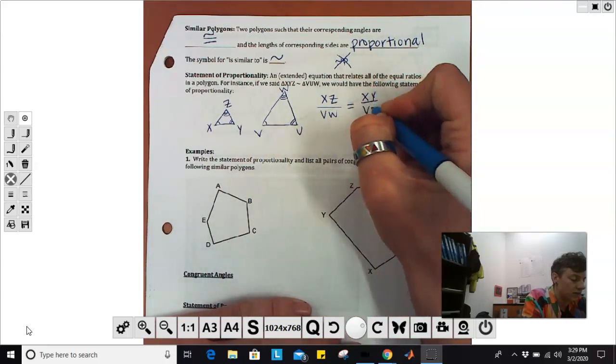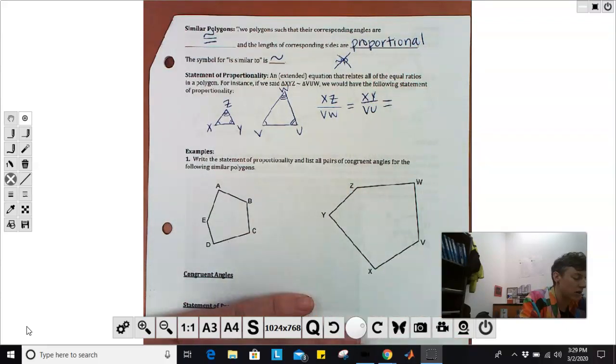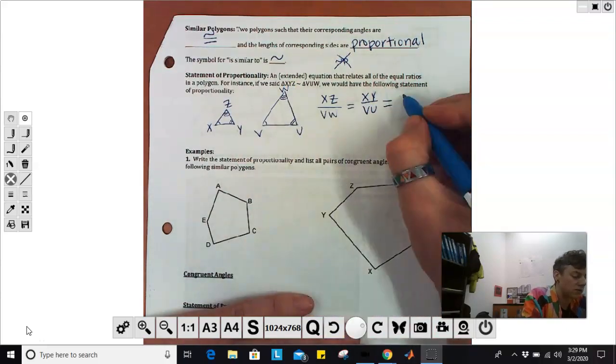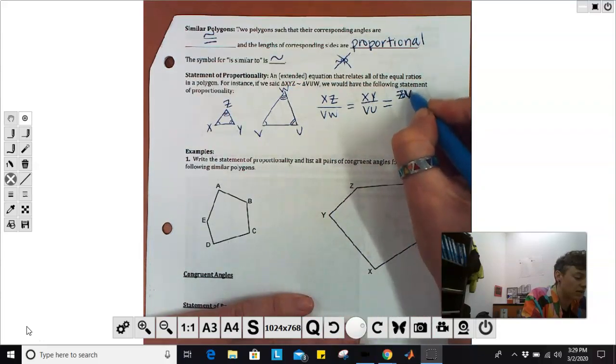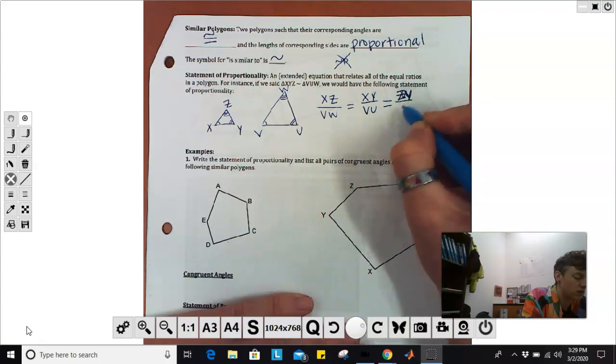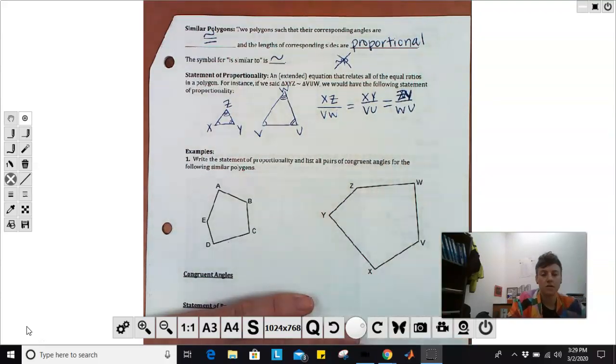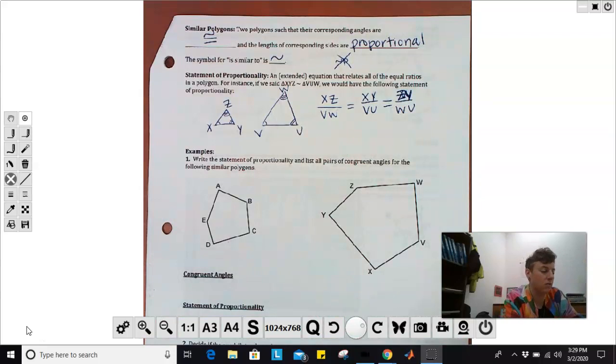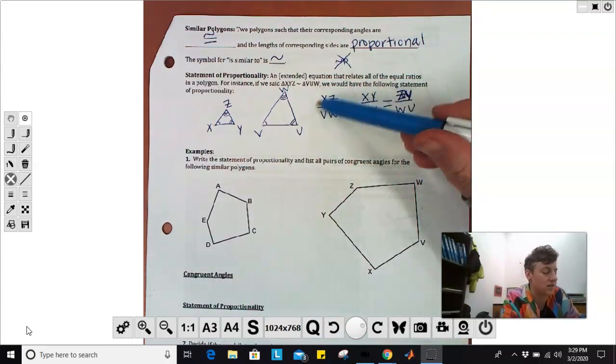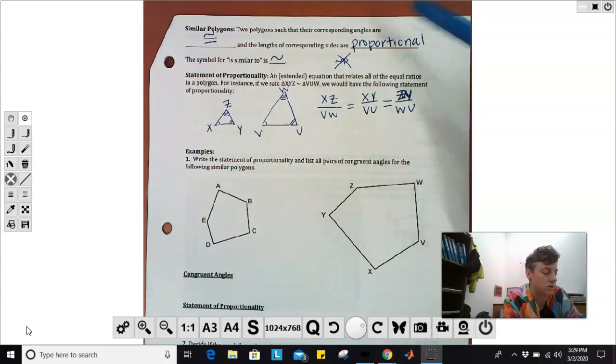XY and VU will have the same ratio as ZY to WU. So we are making a ratio of each of the corresponding sides, and that ratio is equal to all of the other pairs of corresponding sides.